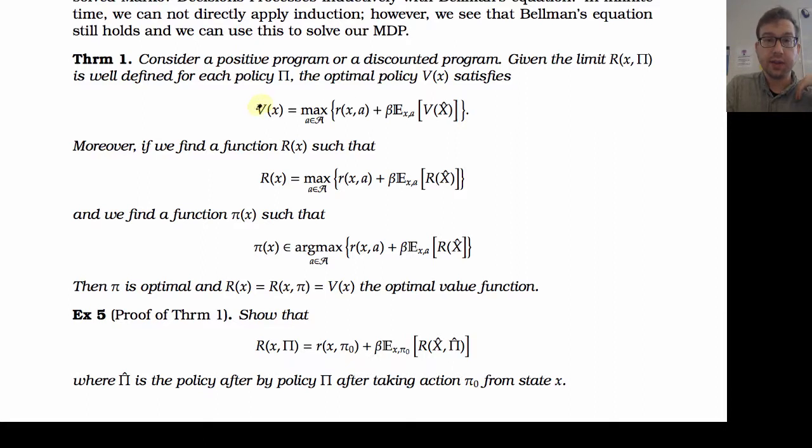The optimal value function takes the maximization over the actions that you can take at that point in time. Then you get the instantaneous reward for taking that action from that state x, and then you go to the next state, x hat, and you do the optimal thing from there onwards.